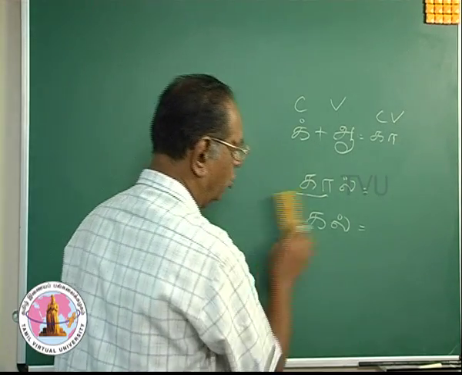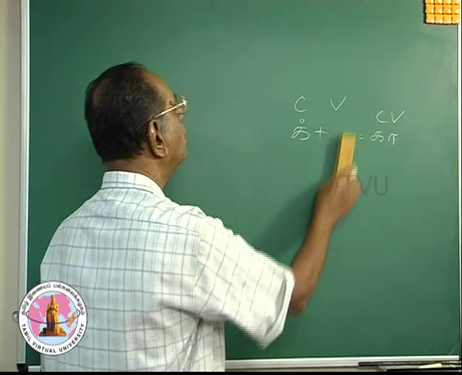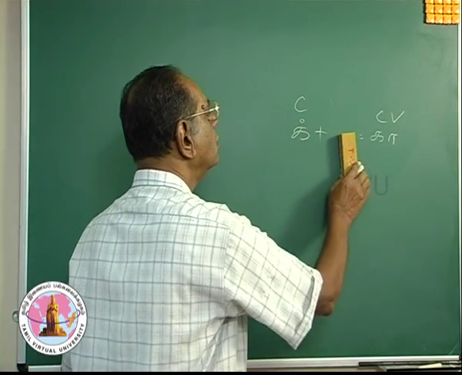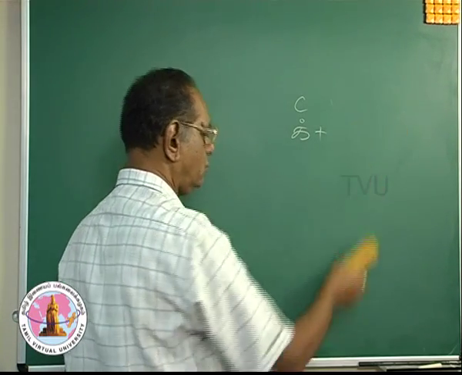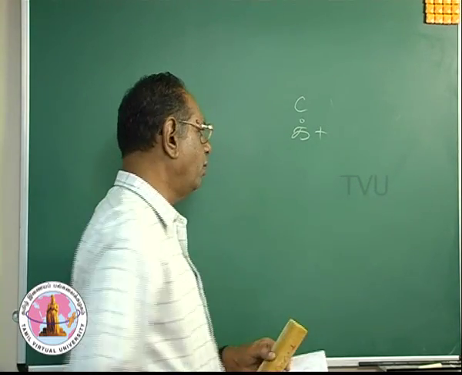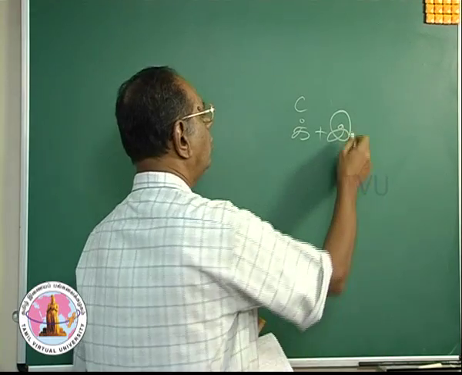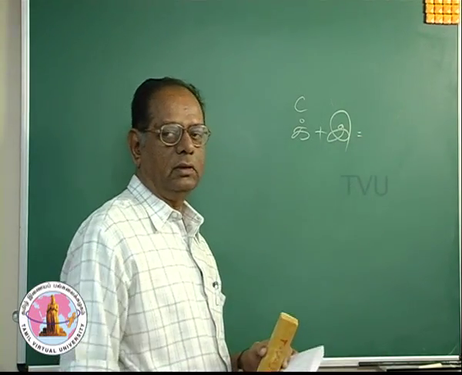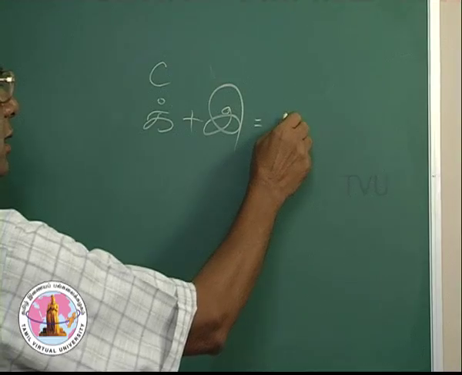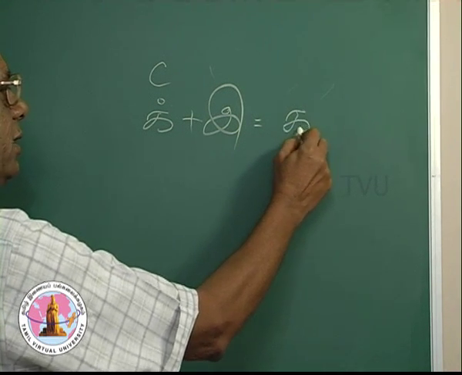With this background, we move on to another vowel, the third vowel, i. So, what will be the combination? Combination is ki. How do we write it?